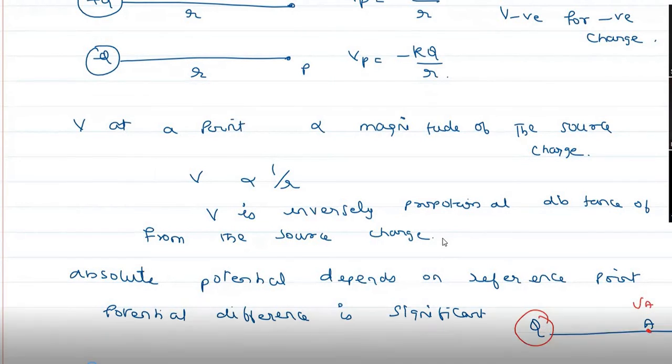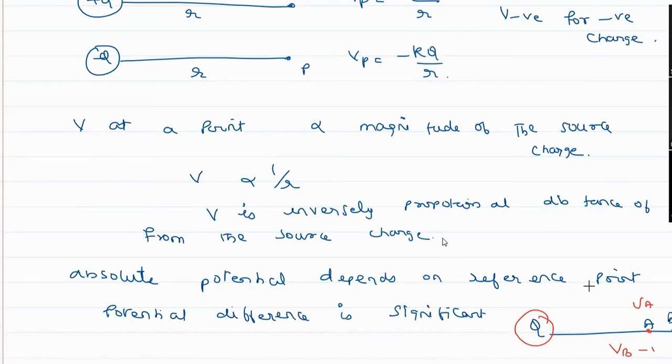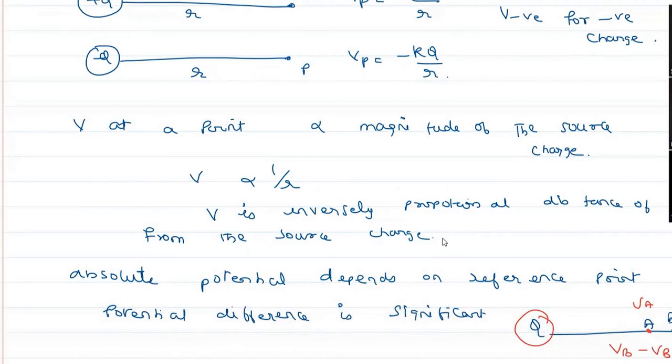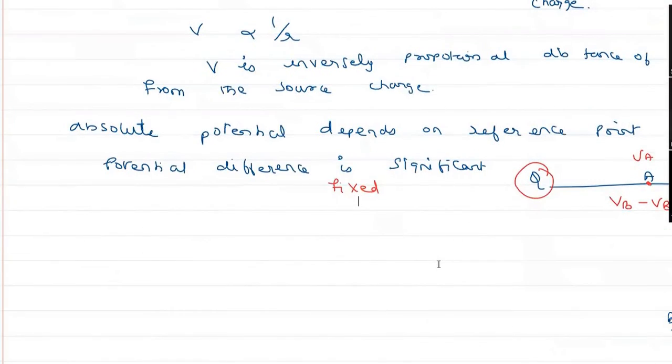This is absolute potential you are talking about when I consider infinity as my reference point. But what is the potential difference VB minus VA? This does not depend on the reference point. Wherever you keep the point C as reference and calculate VA and VB, they will change. But when you calculate the difference between VA and VB, it will not change. It is fixed for any reference point. Clear, ma'am?